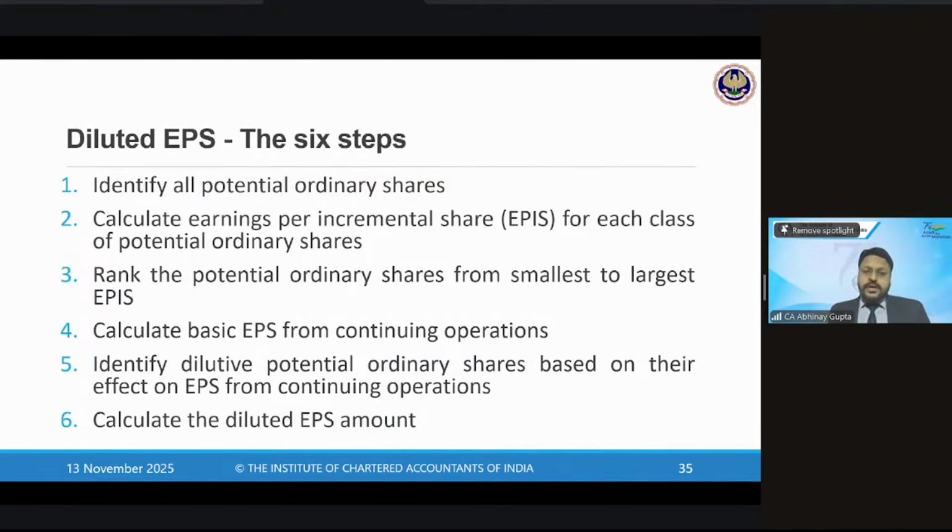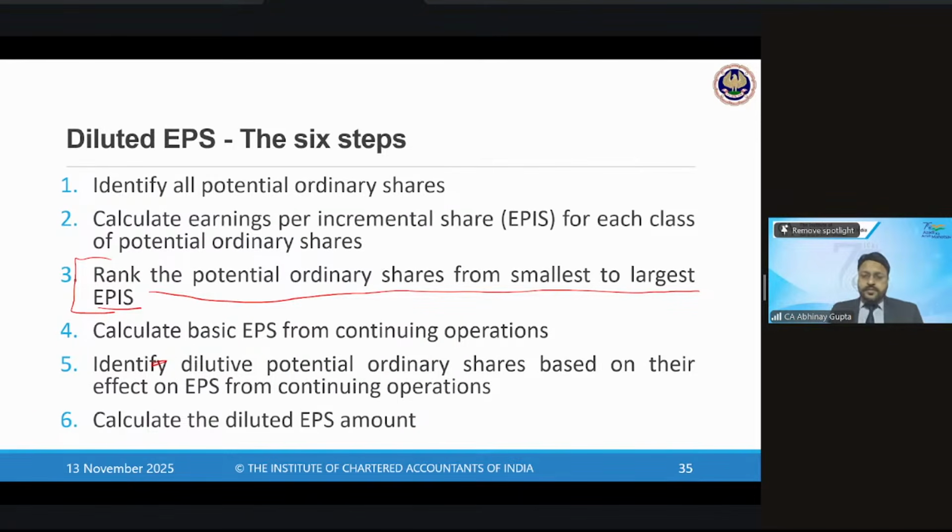Then we also discussed the 6 steps which we need to follow in order to compute the diluted earning per share. I did mention that if we are calculating the diluted earning per share, we need to properly understand the ranking of these potential ordinary shares, from the smallest to the largest. That is a crucial step, because this tells us which items are dilutive and which items are anti-dilutive, and we need to ignore all the anti-dilutive items.